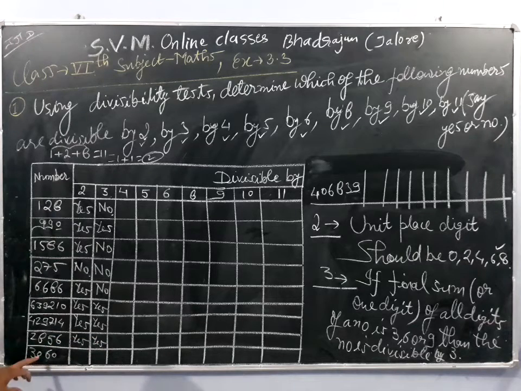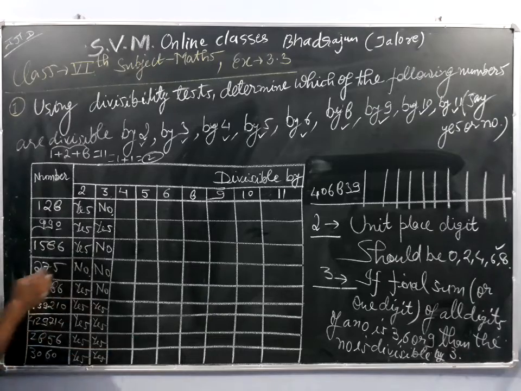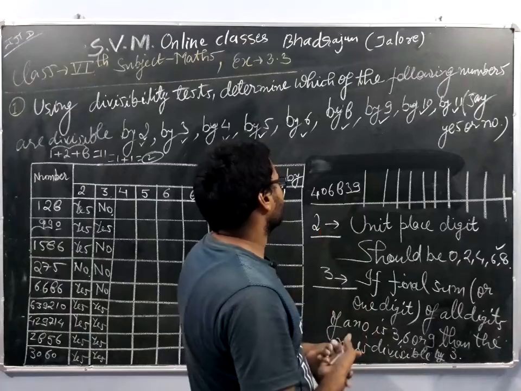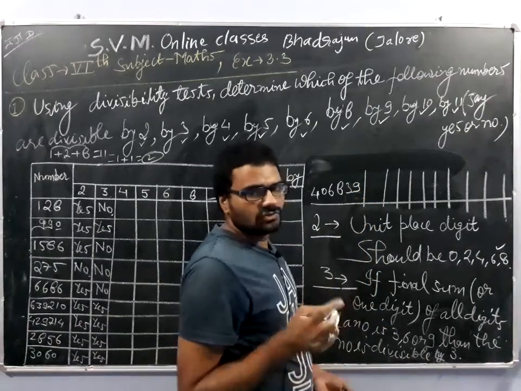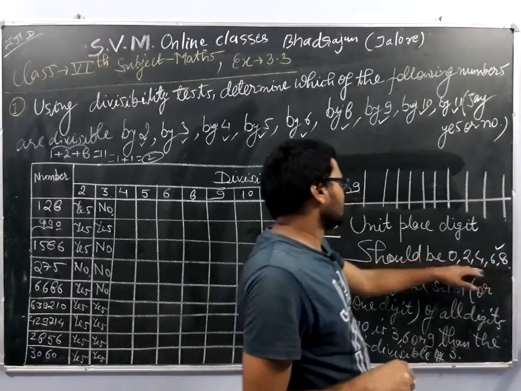Let's move towards the next one. Here unit place digit is 0, hence the number is divisible by 2. Here sum of all digits, 3 plus 0 is 3, 3 plus 6 is 9, hence the number is also divisible by 3. Now let us move towards the last one, which is showing us 9 as unit place digit, hence the number is not divisible by 2.